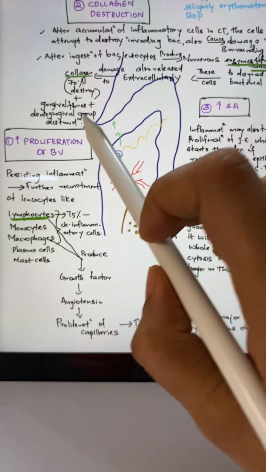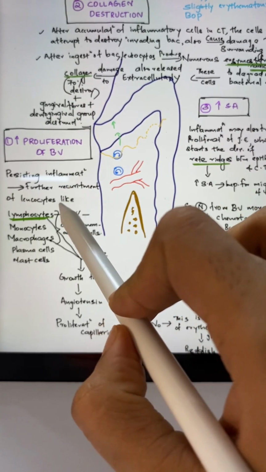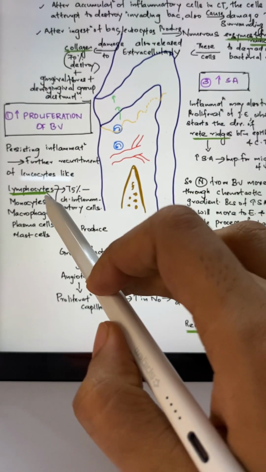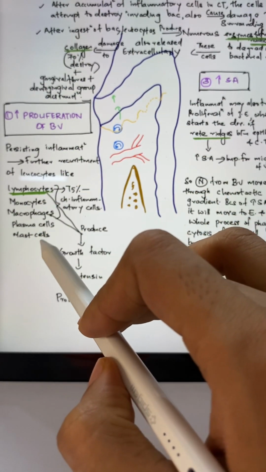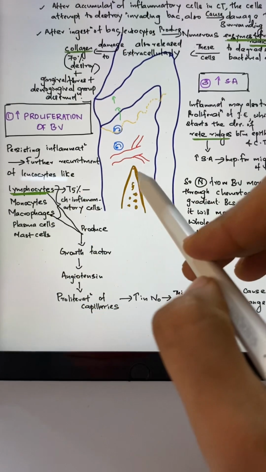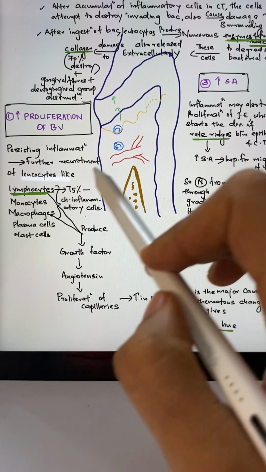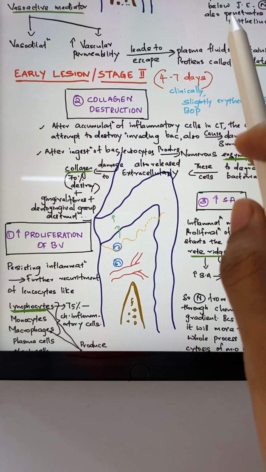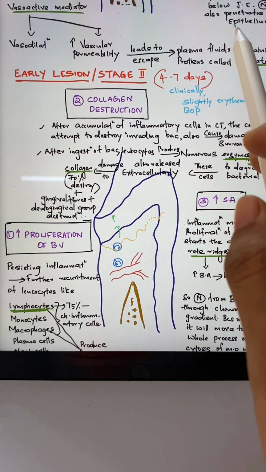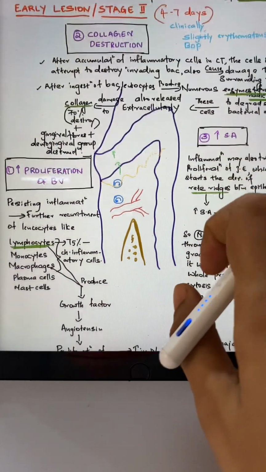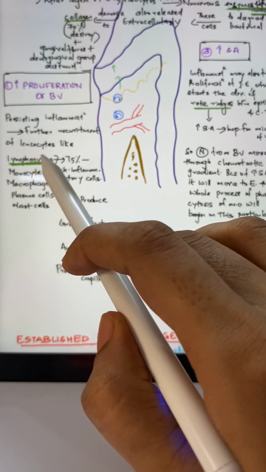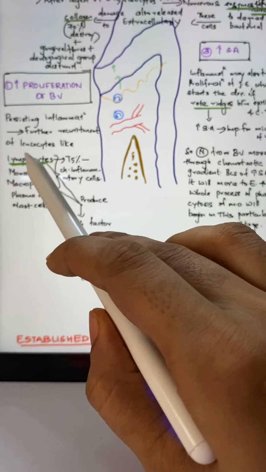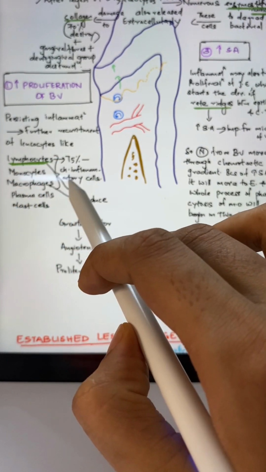First one is the proliferation of blood vessels. Persisting inflammation can lead to further recruitment of leukocytes like lymphocytes, monocytes, macrophages, plasma cells and mast cells. They all may be recruited to the area. Neutrophils were the initial response, but here the lymphocytes play an important role, about 75% in chronic inflammation, as lymphocytes are the chronic inflammatory cells.